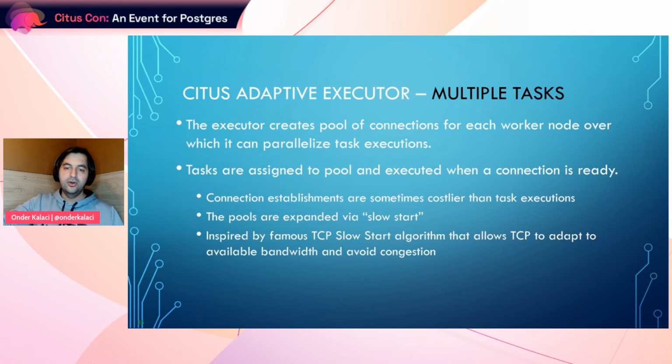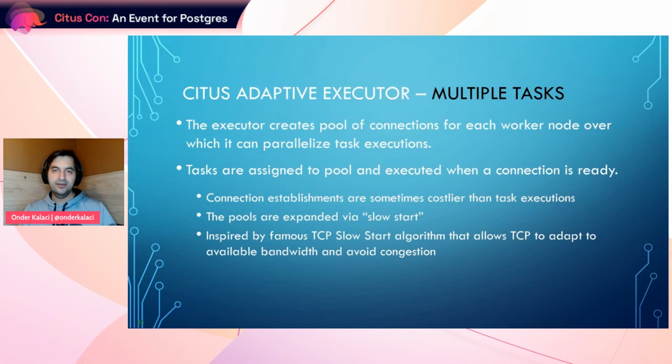When there's a single task, it is easy to just route that task and wait for Postgres to return the tuples. But if there are multiple tasks, that is where the adaptive executor shines, and there are things to describe and discuss a little bit further. The executor creates a pool of connections per worker node, over which it can parallelize the task executions.